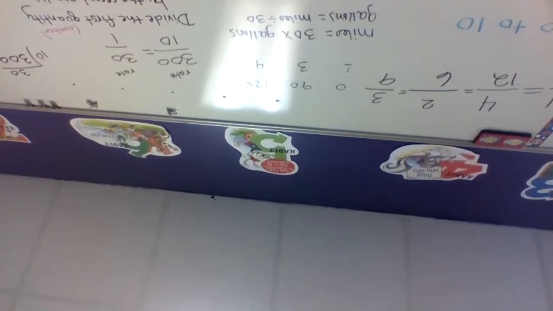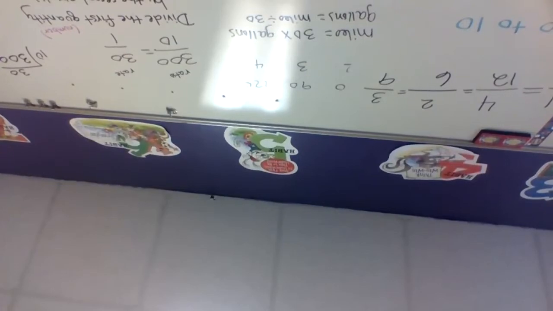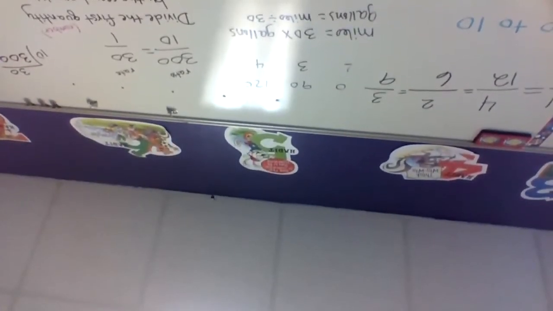All right, put all your numbers, erase that, and put all your numbers back on top of it. Make sure it's erased. And put it on the table.